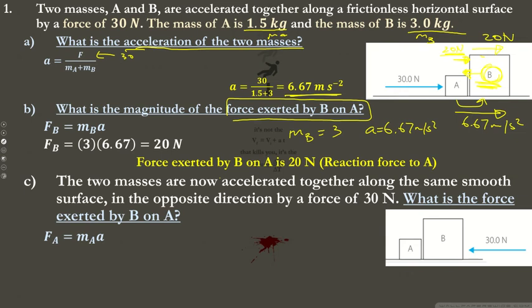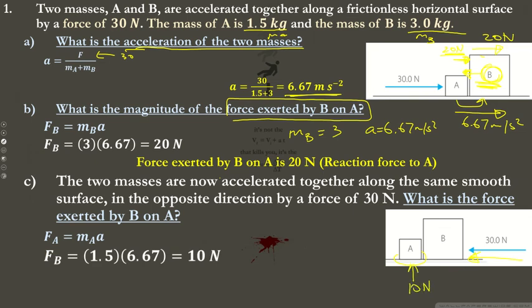If we have a look at a different scenario, so this time the 30 newtons is pushing this way across, okay? The easiest answer is to then just look at what A is experiencing. So the net force on A is 10 newtons.